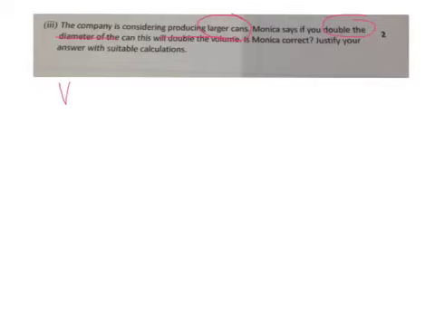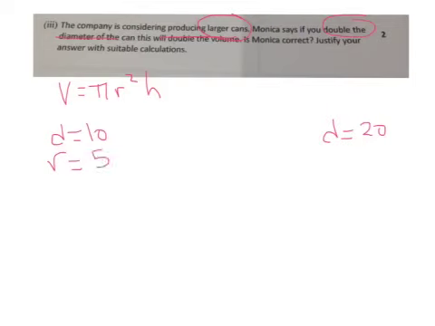The formula is given to them, pi r squared h, and they are considering doubling the diameter. The diameter for the first one was 10, so we're going to consider a diameter of 20. The radius in the first case is 5, and in the second case the radius is 10.